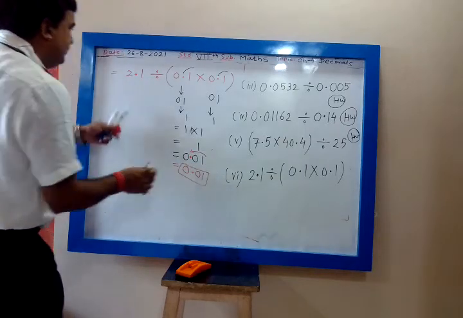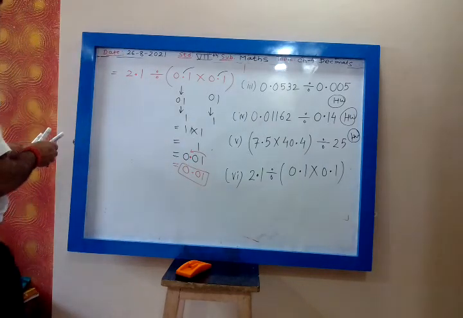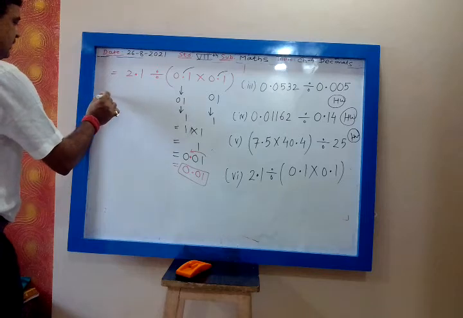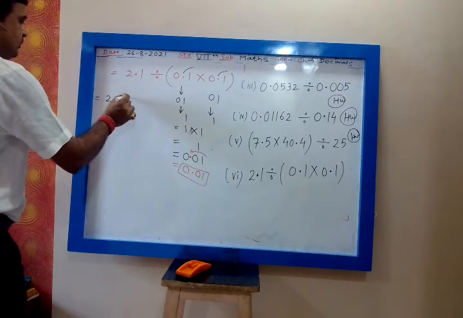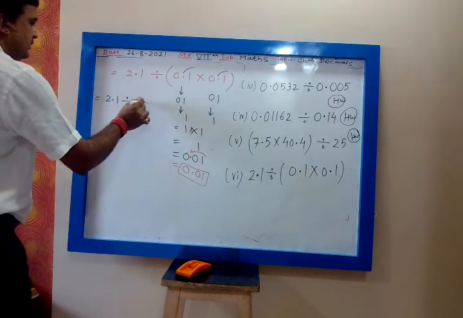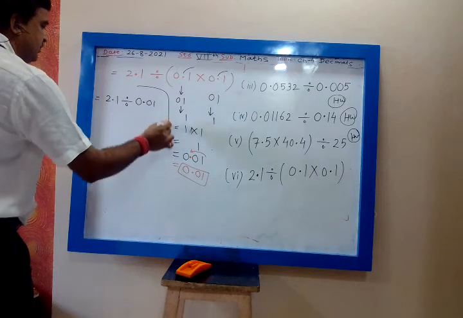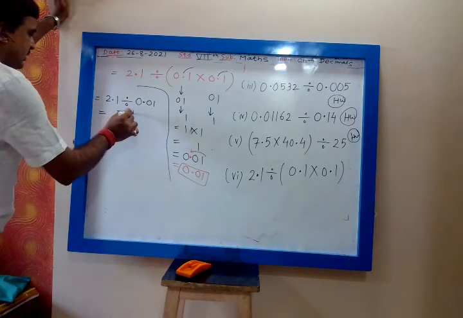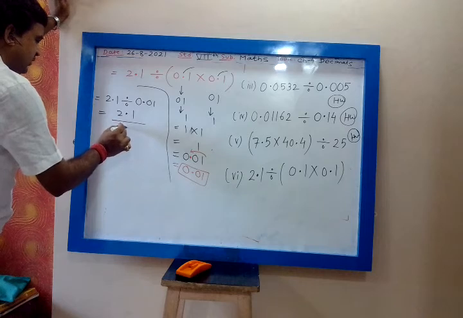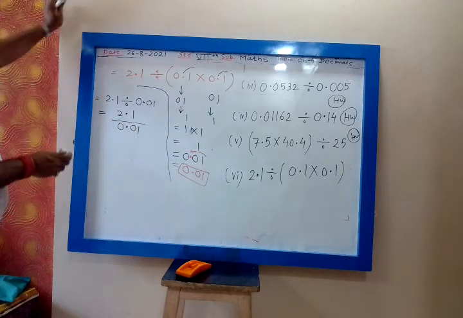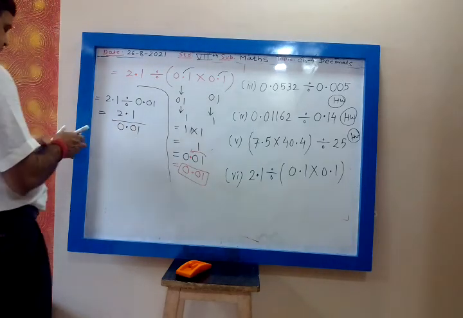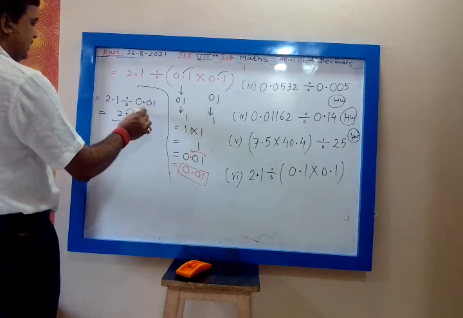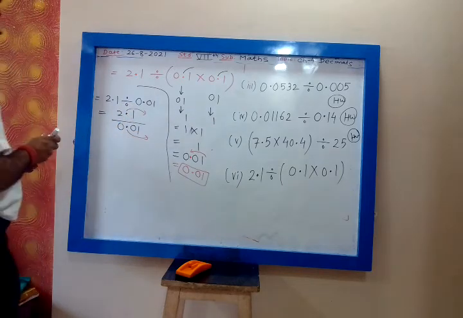Now I have to divide 2.1 with 0.01. Remove the decimal of the numerator and of the denominator.